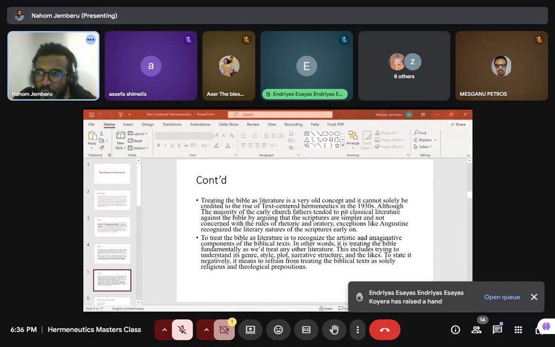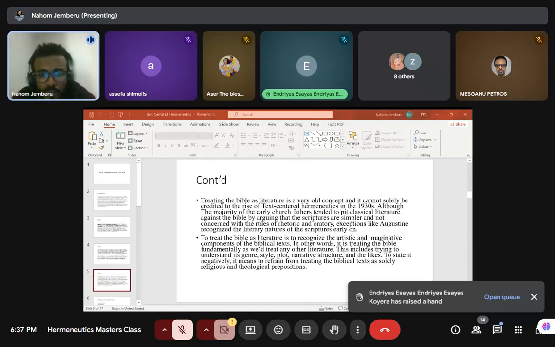But there were exceptions like Augustine, who recognized that the literary nature of the scripture needs to be considered in order to understand the text better. So even though there were church fathers who were suspicious of seeing the text as literature, there were at the same time those who recognized the importance of understanding the literature of the time in order to understand the Bible better.